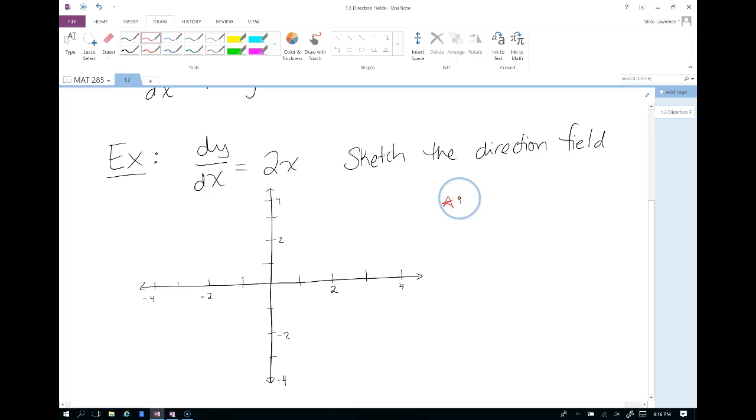So we're just going to pick a point in the plane, and plug it into the right-hand side of your differential equation.